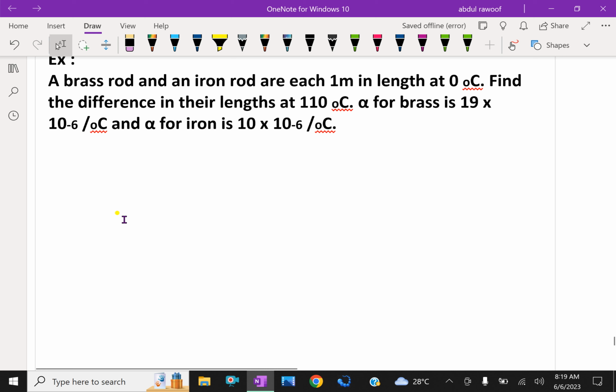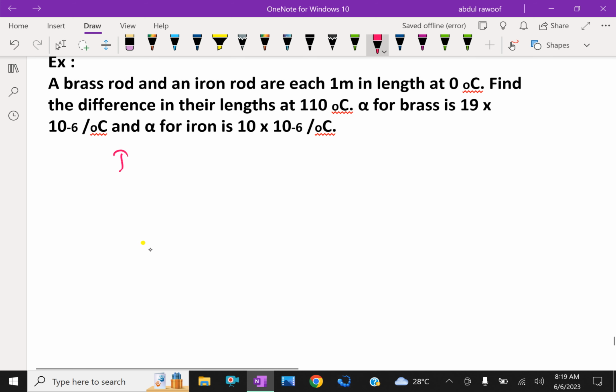Here we have to write both sides, and this side is brass. First is brass, LBR1 and LBR2.